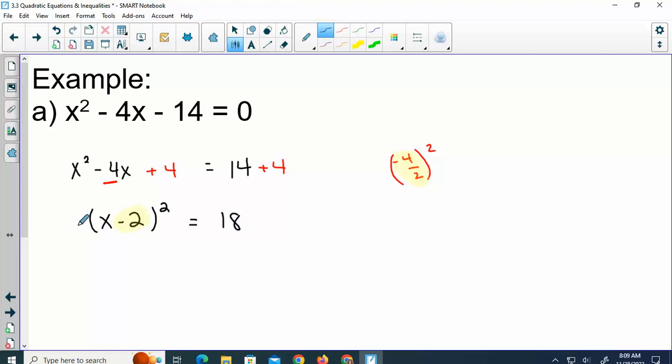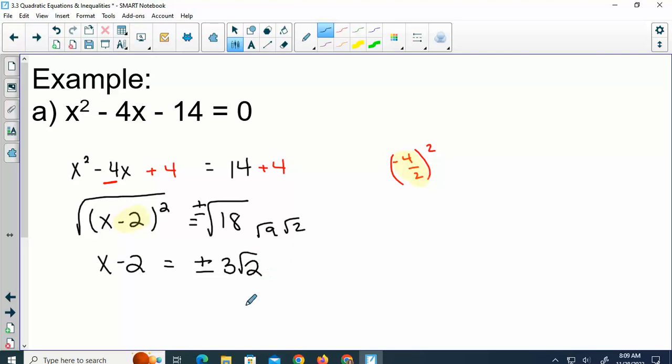Now we can do the square root method. So we do square root with that plus and minus. So x minus 2 equals plus and minus. How would I break down 18? 3 square root 2.